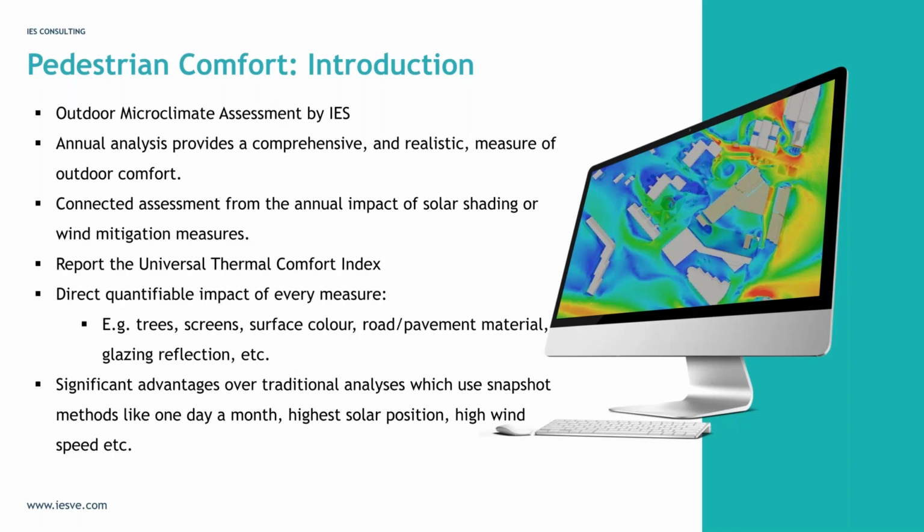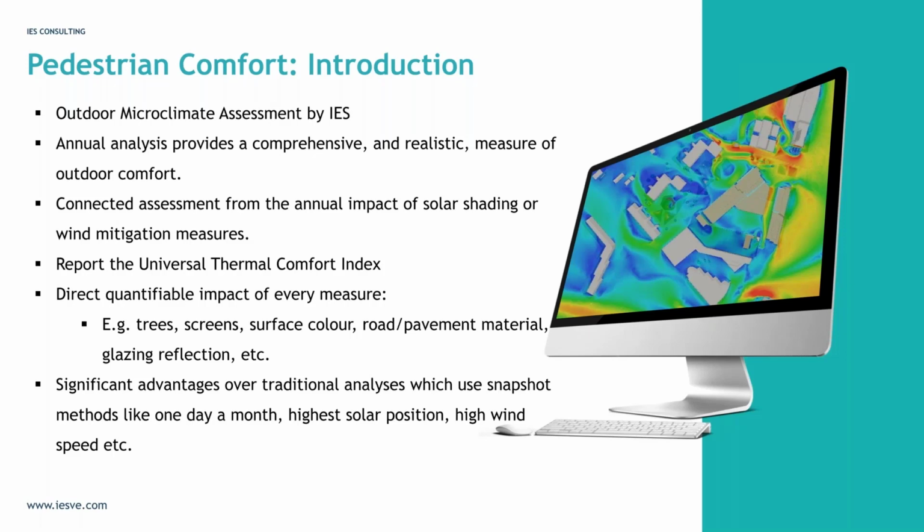Pedestrian comfort is covered under different policies like D4 and D8. This is achieved by an outdoor microclimate assessment service that's offered by IES. This essentially is a comprehensive service that goes beyond doing the analysis in the traditional ways.